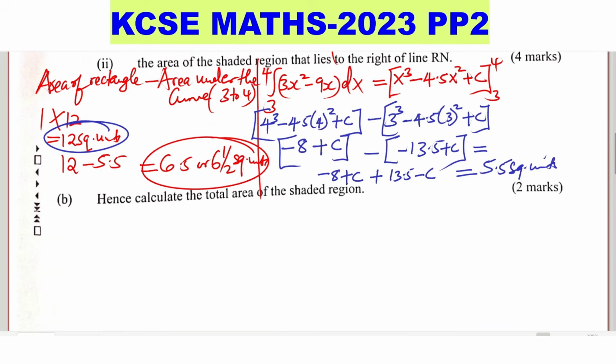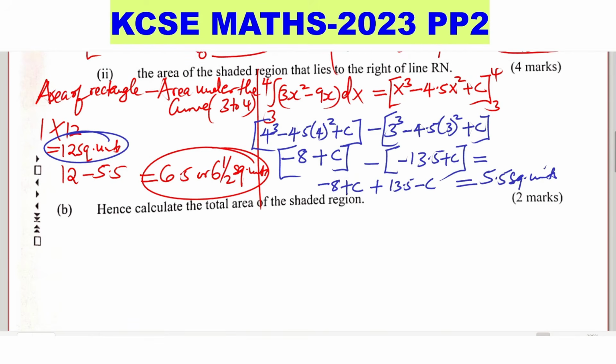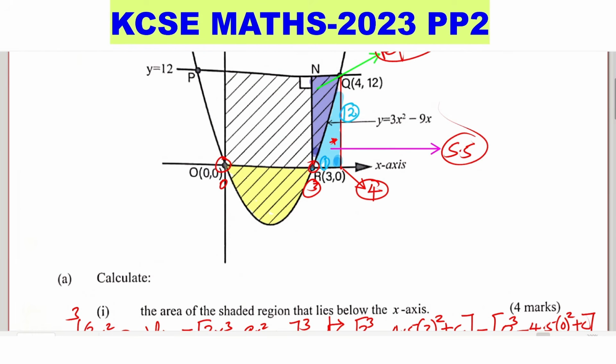Part B, hence calculate the total area of the shaded region. So you can see the shaded region. We have this rectangle measuring from 0 to 3. This is 3. Then the length is 12.